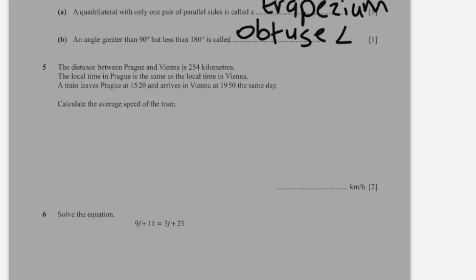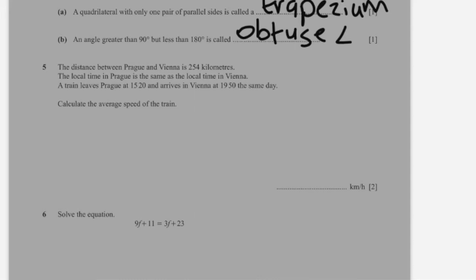Question number 5. The distance between Prague and Vienna is 254 kilometers. The local time in Prague is the same as the local time in Vienna. A train leaves Prague at 15:20 and arrives in Vienna at 19:50 on the same day. Calculate the average speed of the train.